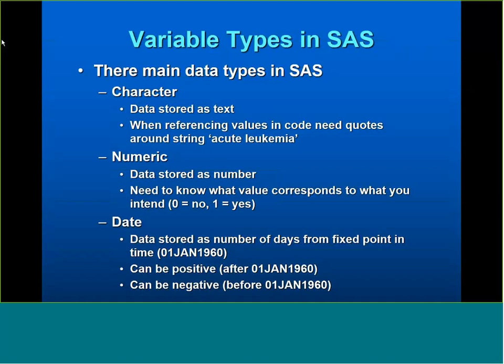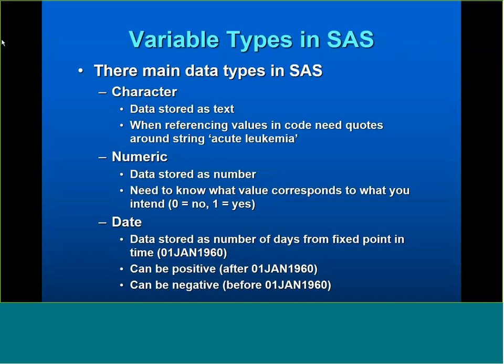The final data type, this is not completely exclusive in terms of the data types that SAS has, but these are the 3 main data types. The final one is date. And dates are actually a special kind of numeric data. A date in SAS, if it's actually a date variable, is the number of days from a fixed point in time, and that fixed point in time is the 1st of January 1960.